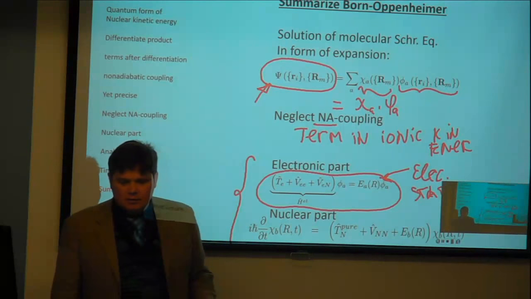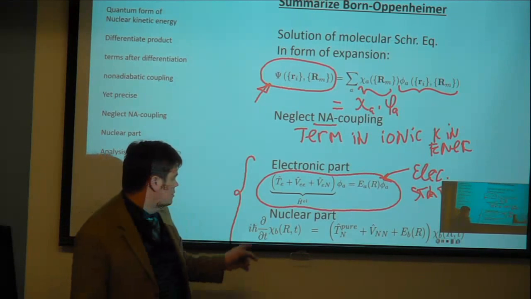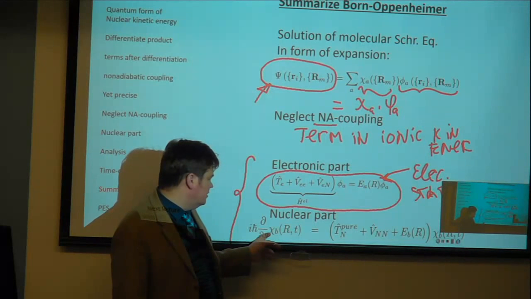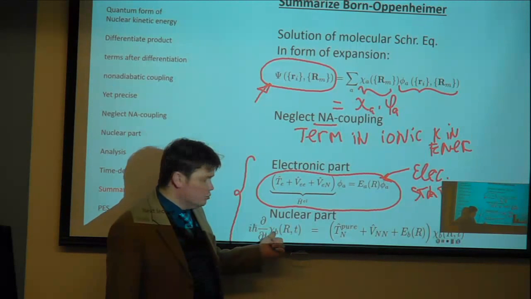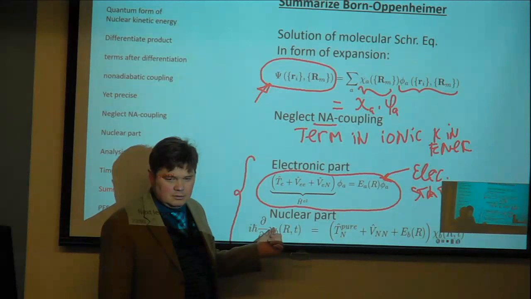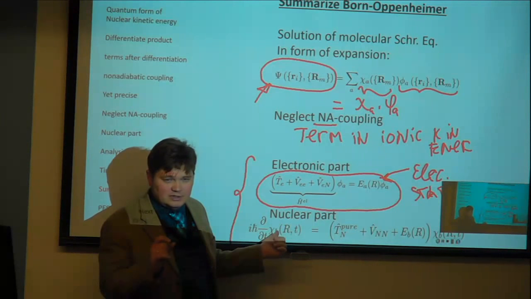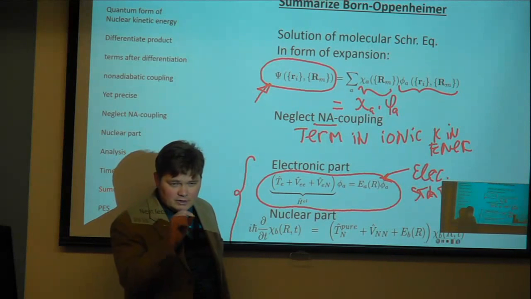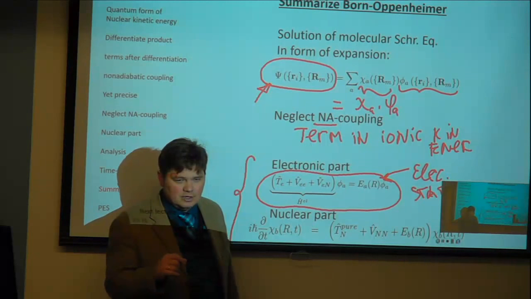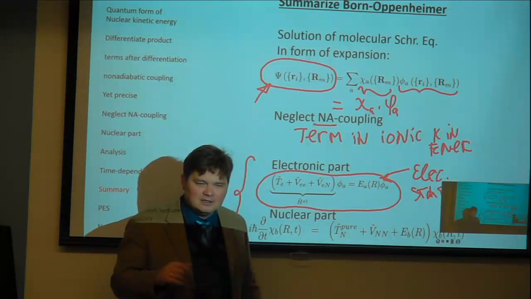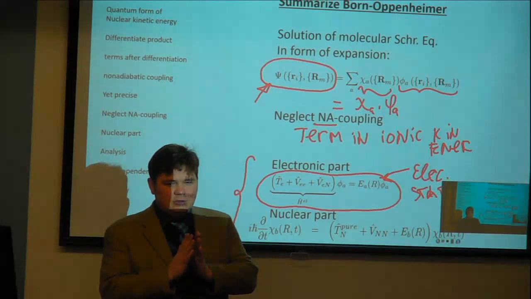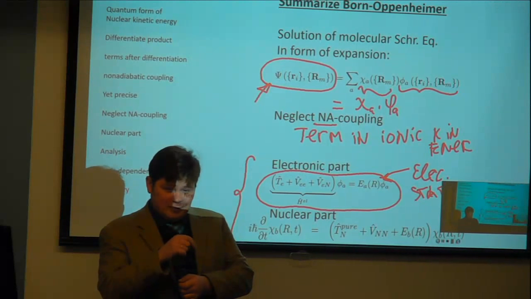And here we come to the plan for today. This is the time-dependent Schrödinger equation for nuclear wave function. We know that we are going to reduce it to a delta function, or we are going to track only the center of this distribution, and we want to believe in another approximation that all nuclear wave functions are centralized around the actual position of nuclei.